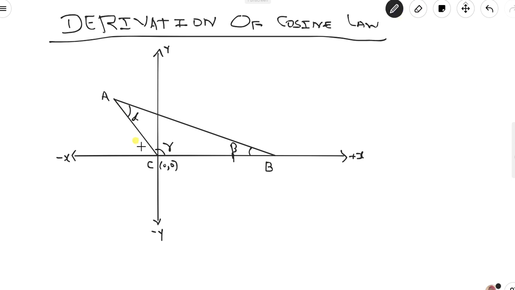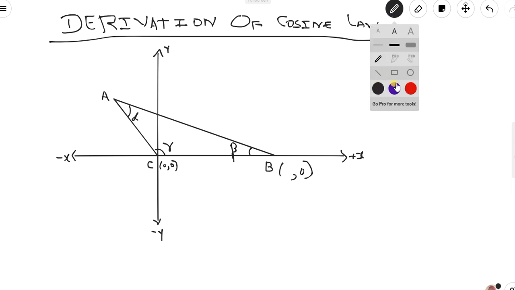So this is the vertex C, the origin. If we talk about the coordinates of vertex B, as it is lying on the x-axis, the y coordinate is definitely 0. As far as the x coordinate is concerned, we always represent the side which is right opposite to a certain vertex with the small letter of the corresponding opposite vertex. So I call the length of line segment BC small a.